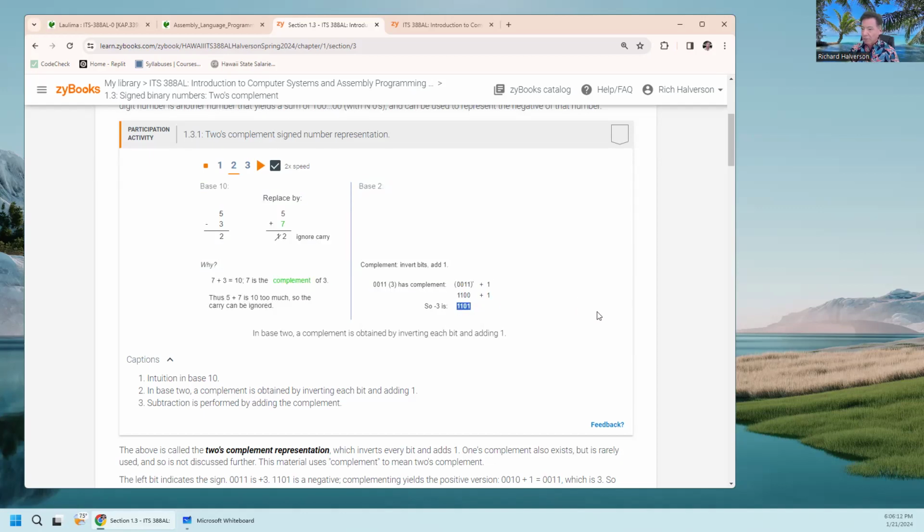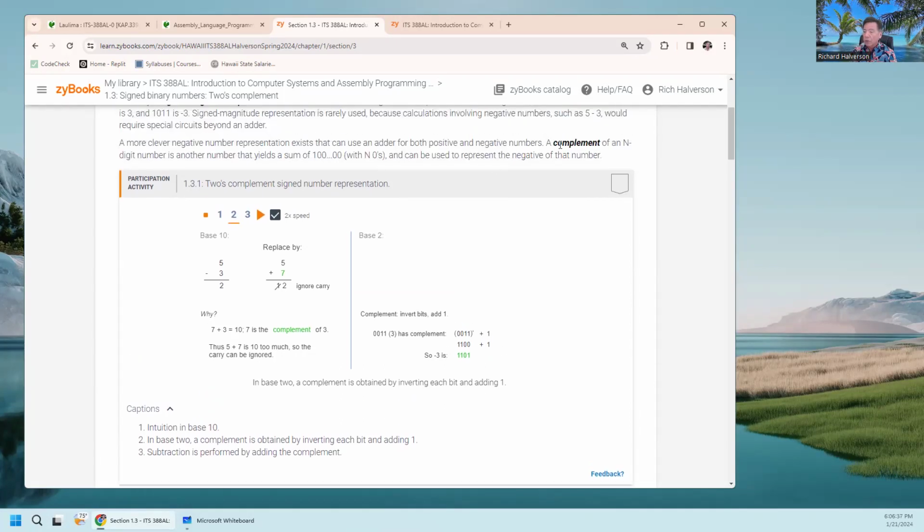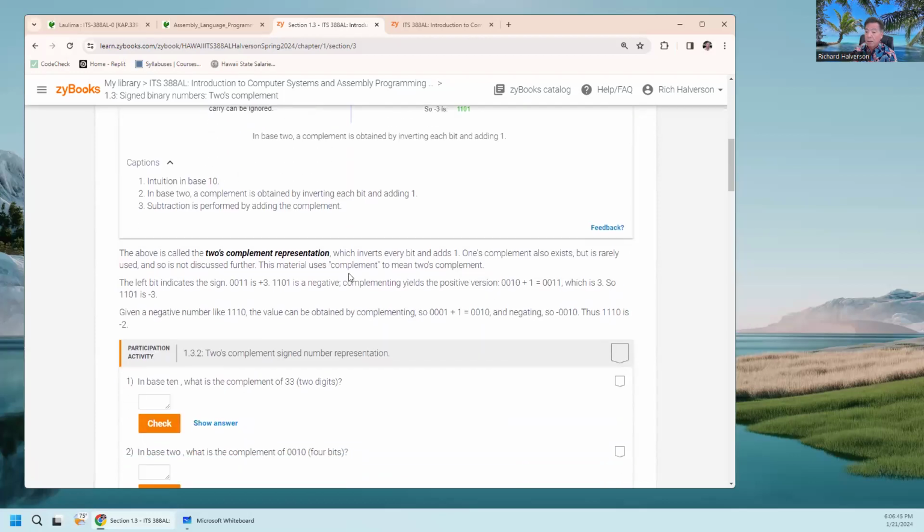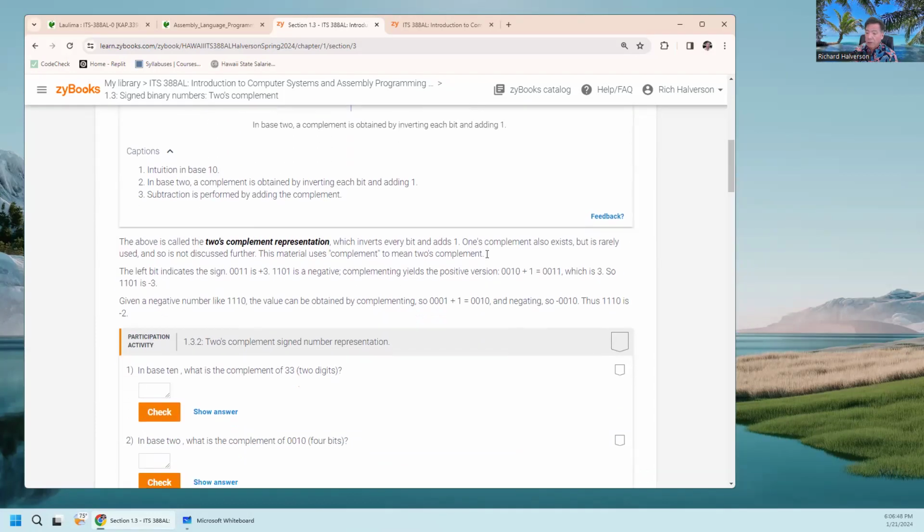Okay, so minus 3 is 1, 1, 0, 1, whereas plus 3 is 0, 0, 1, 1. You can tell if a number represents a negative number when we're doing 2's complement, because the highest order bit is going to be a 1. It's called the sign bit. All right, it's called 2's complement representation.